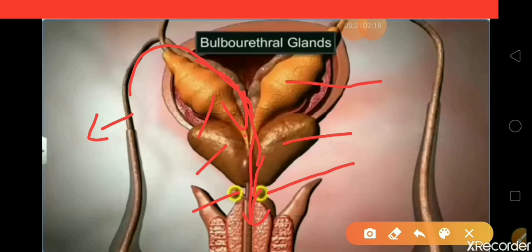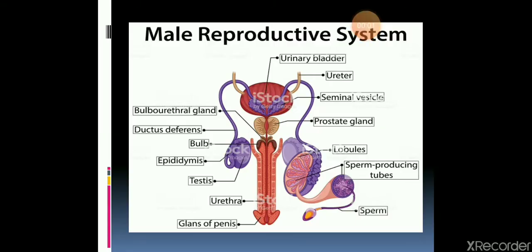It will be entering as a common ejaculatory secretion into the ejaculatory duct, which is nothing but the urethra. So let's go back to the PPT. So now the structure will be clear to you.